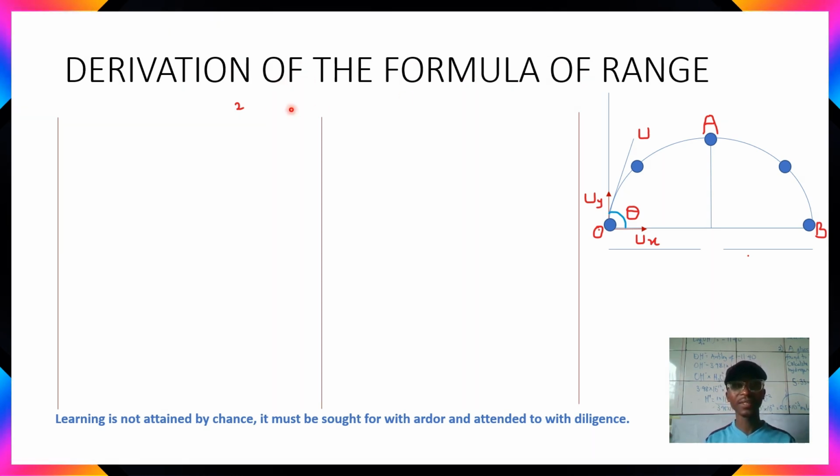On this slide, we are deriving the formula of range. So in order to start, we need one of the equations of motion that says that S equals ut plus half at squared.